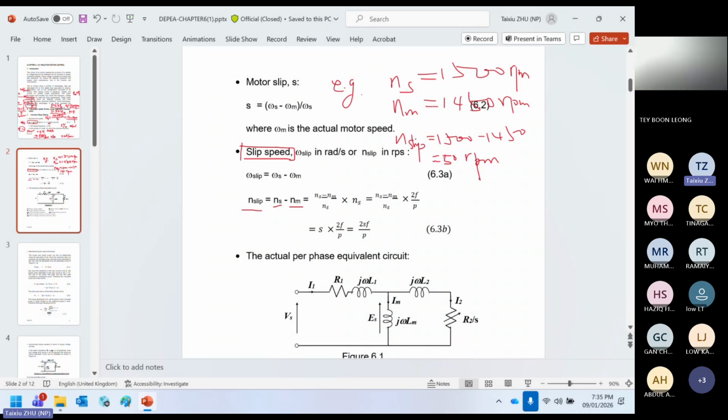There's a difference between the two, the synchronous speed minus the motor speed, and we call this the slip speed. This is important because later on when we do motor control, we have to calculate this one. Is it clear?